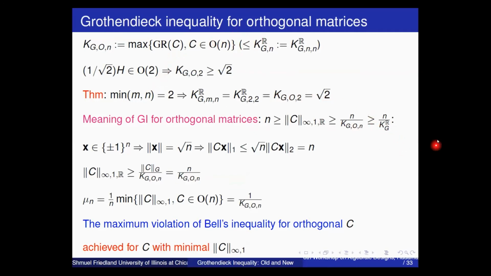Why? Take a vector with coordinates plus or minus 1, its norm is square root of n, and this is greater than or equal to the C infinity one norm. If you do the Cauchy-Schwarz inequality, you get here. It's very easy to show this one, but you see, for the maximum, it's very close. It's also amazing. So let's do the same numerical experiment for the orthogonal group.